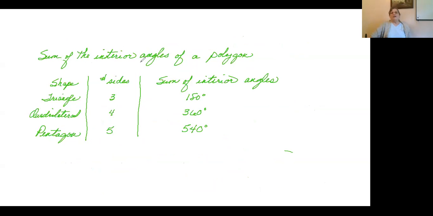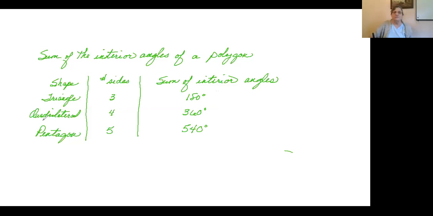We can add up the sums of the interior angles. Most people know that a triangle's 3 interior angles add up to 180 degrees. And most people would be able to tell that the angles in a rectangle are going to add up to a 360-degree total.